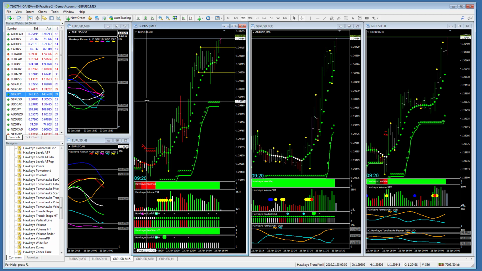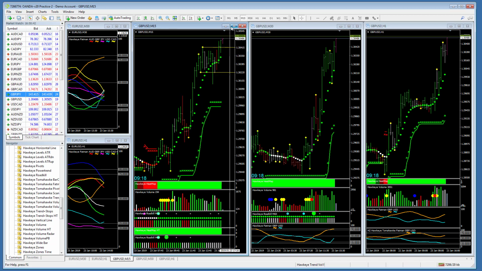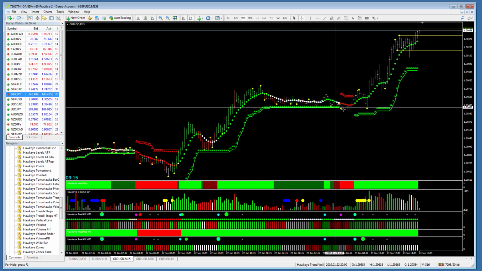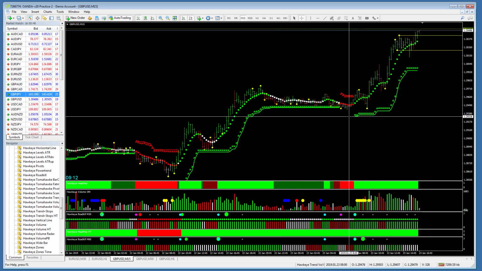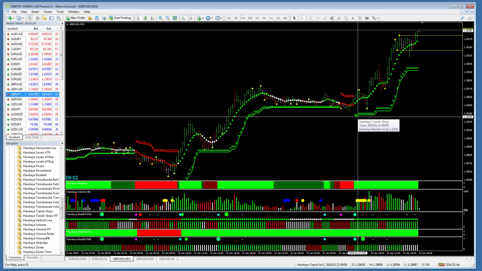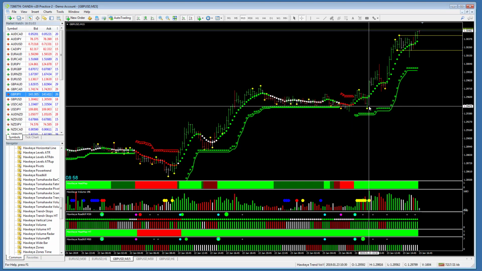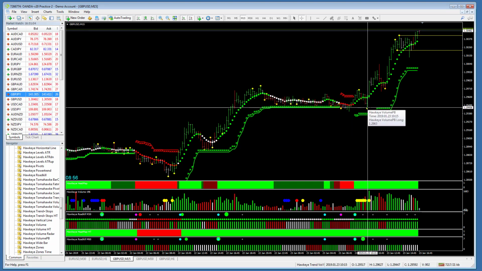At this point right here, let me expand this out. You can see that after the period of consolidation, at this point here, that was at 1 o'clock in the morning, my time. Looks like this was the open of the European market, the London Open.